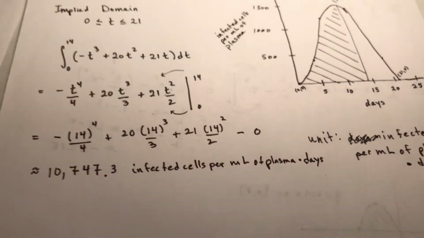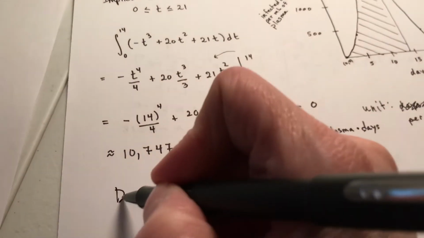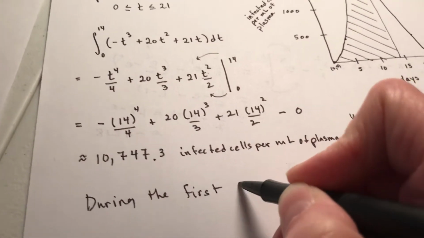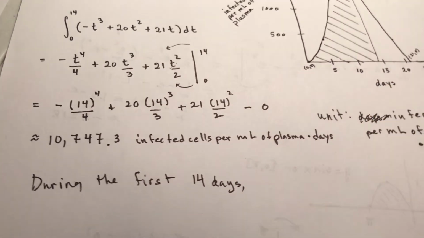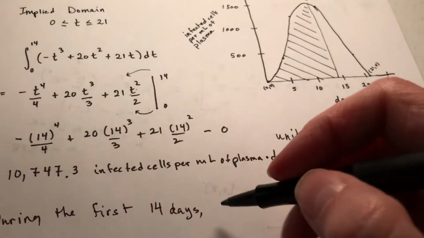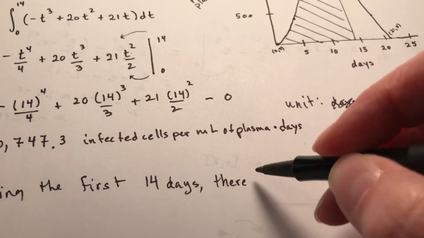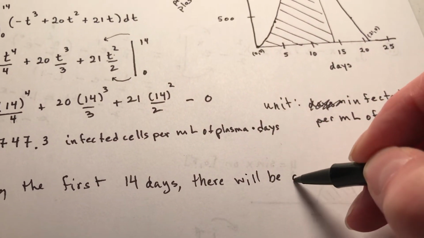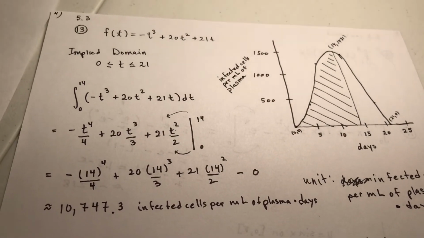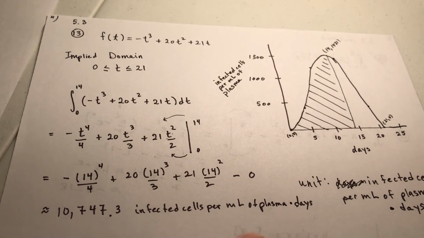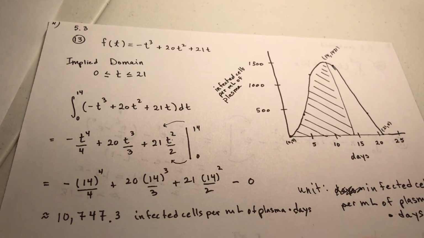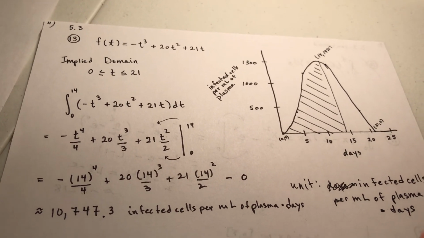Now we're supposed to write the meaning. So I'd say during the first 14 days, let's see, now we have to say there will be a total of 10,747.3 infected cells per milliliter of plasma.